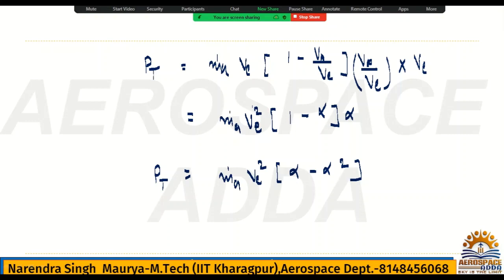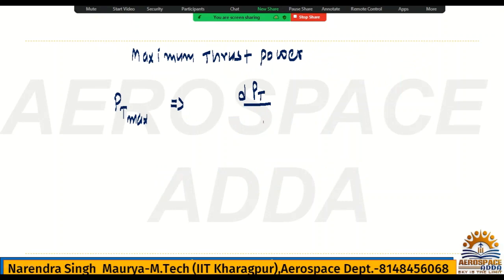If TIT is fixed and v infinity is fixed, alpha is the variable, because alpha is v infinity by ve, so the aircraft speed can increase or decrease. So we take alpha as the variable, differentiate and make it equal to 0.